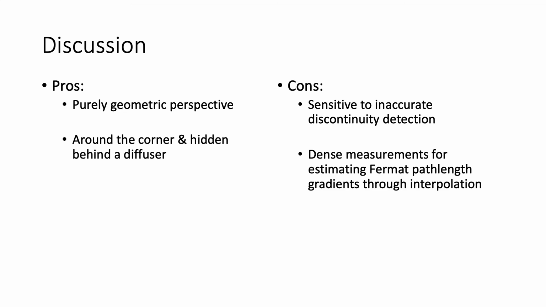However, its reconstruction procedure relies on the estimation of path lengths where measured transients are discontinuous. Thus, it can be sensitive to inaccurate discontinuity detection. Besides, the reconstruction quality may suffer if we do not have sufficiently dense measurements for estimating Fermat path length gradients through interpolation.